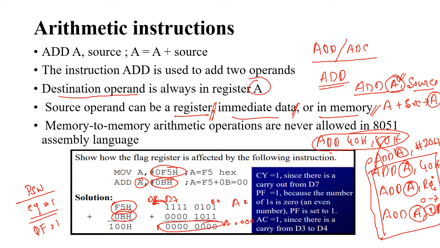And also here, since there is a carry from the D3 bit to the D4 bit, the auxiliary carry flag present in the PSW will also be set to 1. This is how the add instruction affects the flags. It affects the carry flag, the parity flag, as well as the auxiliary carry flag.